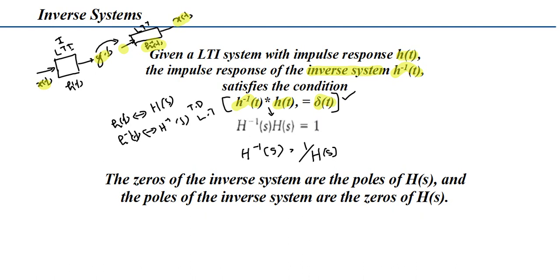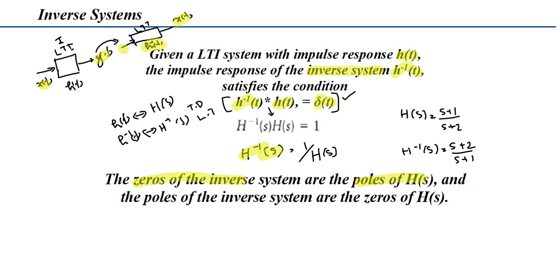Another point you can see is that the zeros of the inverse system, H inverse of s, are the poles of H of s. For example, if H of s is equal to (s plus 1) by (s plus 2), assume that this is a system, then H inverse of s will be (s plus 2) by (s plus 1).